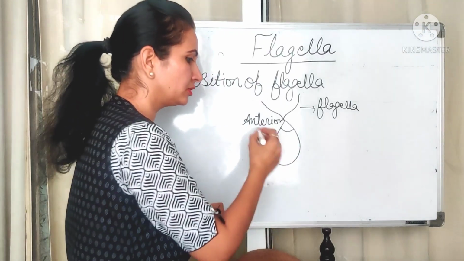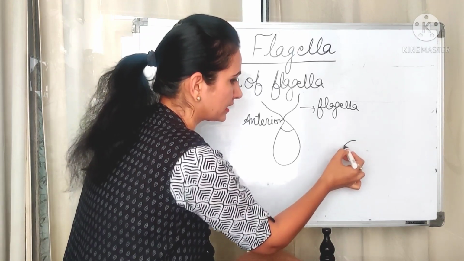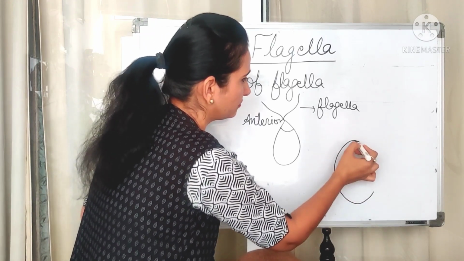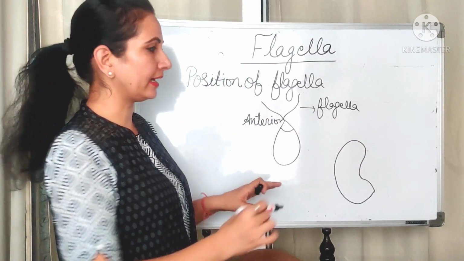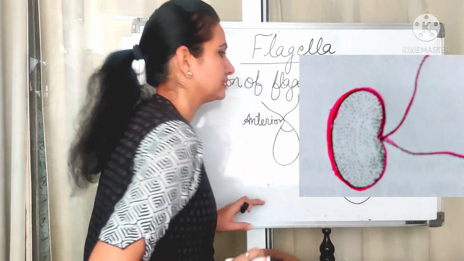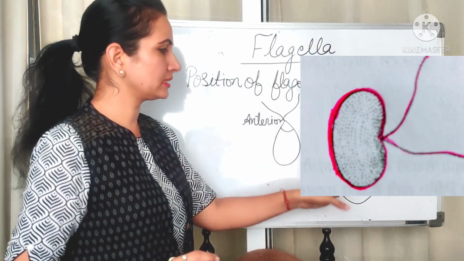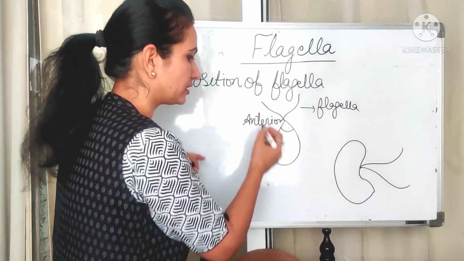The next position is known as the lateral position. The lateral position's example is Ectocarpus. In Ectocarpus, the flagella arise from the laterals of the cell. So this is Ectocarpus and it has the lateral position of flagella.